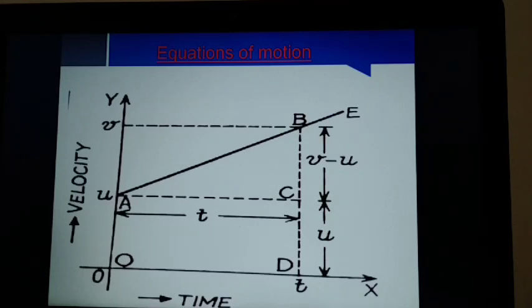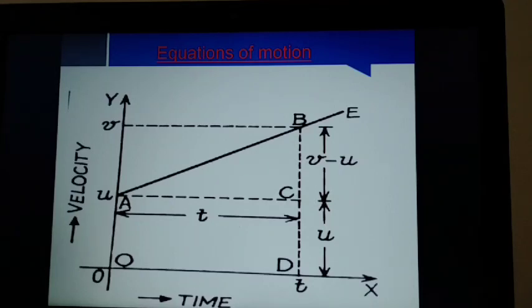See, this is a situation for a particle which is moving with an initial velocity u. When you start your observation, you find that the object is having the velocity u, that is the initial velocity. And after a time t, you find that the object is moving with a velocity v. During this time t, its velocity changes from u to v, and its velocity increases equally in equal intervals of time, which means it has a constant acceleration a.